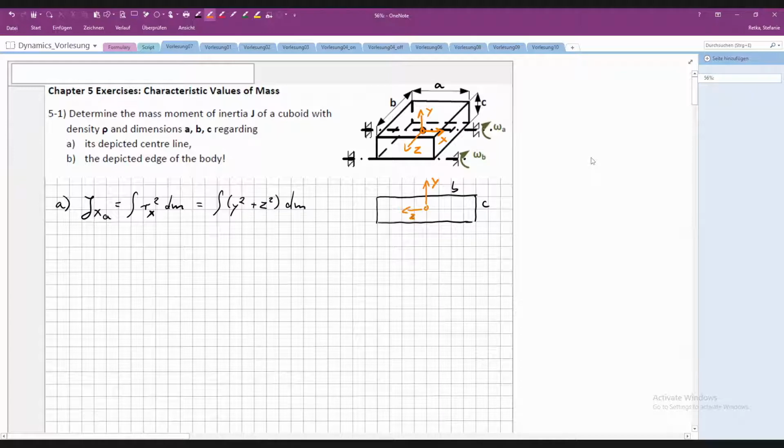Now the radius for any point in the system, small mass element dm, can be found by computing the radius dependent on the system. For example, there could be a small mass element dm, and the radius of this mass element, the distance from our axis of rotation, is this one right here.